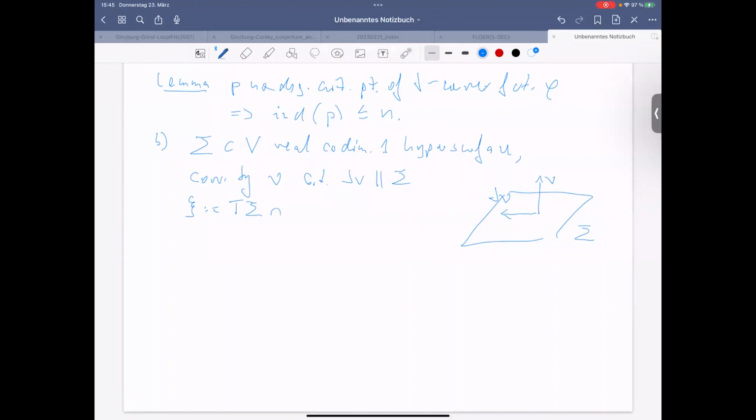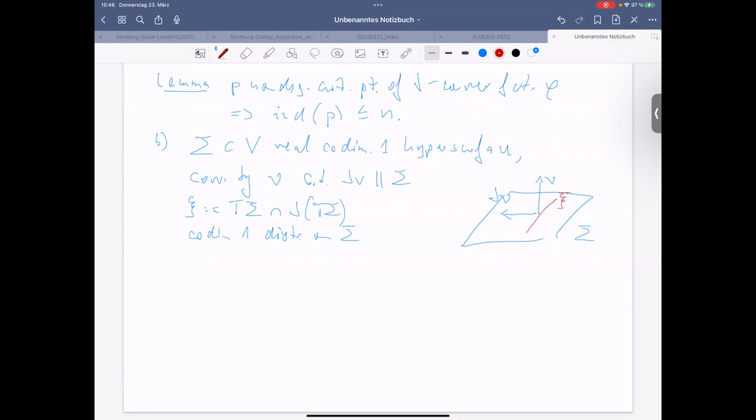So we intersect it with its image under J. And that is now a codimension 1 distribution on sigma. So in the picture, I would draw this Xi. So this Xi is somewhere here then.